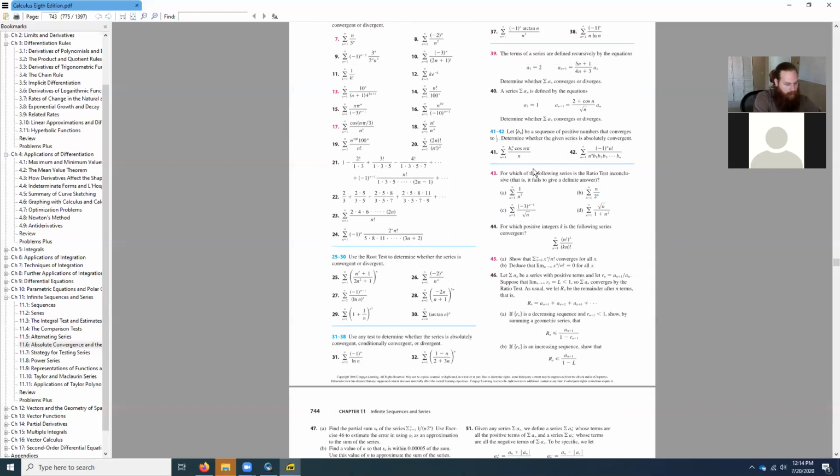So I'll write this down and then I'll go back to the dot cam, classify as absolutely convergent, conditionally convergent, or divergent. And I'll write down a few of them. We'll look at 31 also. So sum from 2 to infinity, (-1) to the n over the natural log of n.